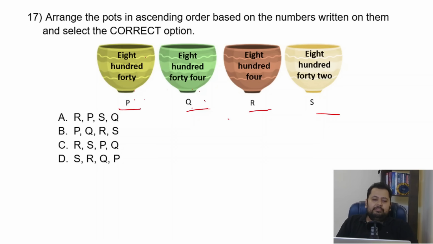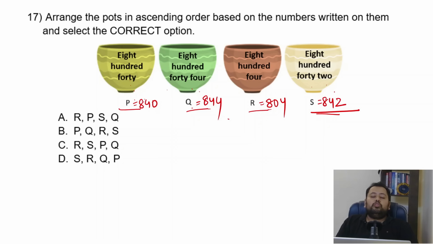Great. I think again an easy one. P is 840, written like this. Correct? The Q is what? 844. Again, if you see this one, R is 804. 804 is written like this. And then S is 842.